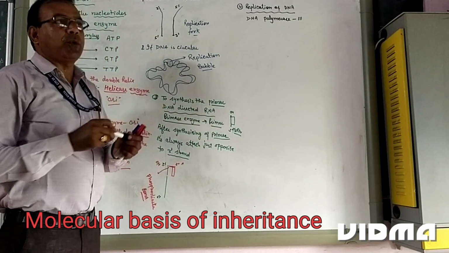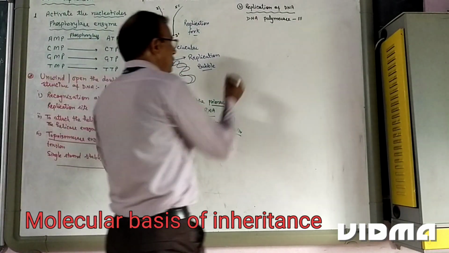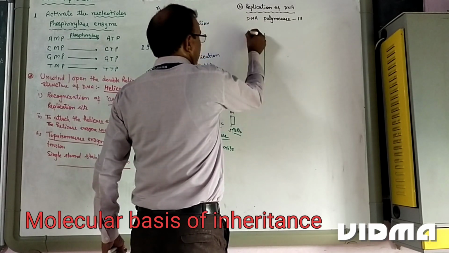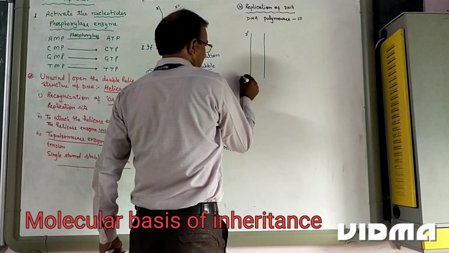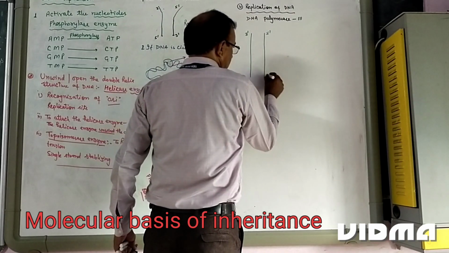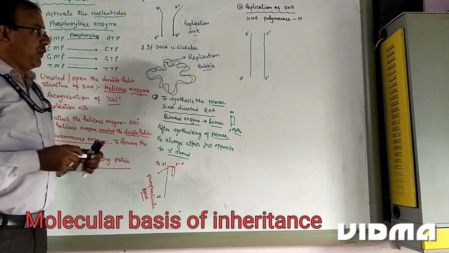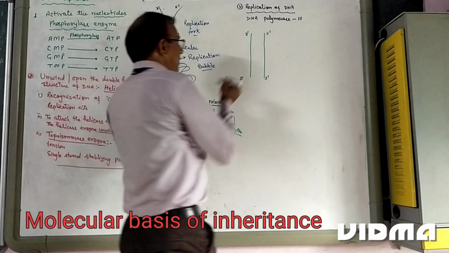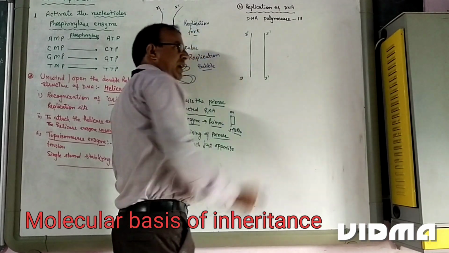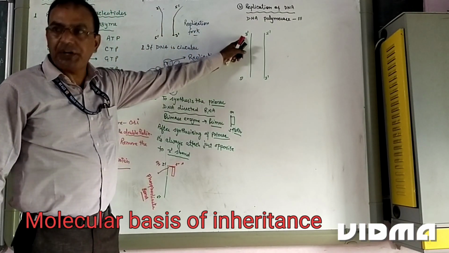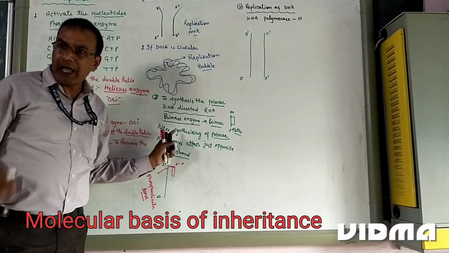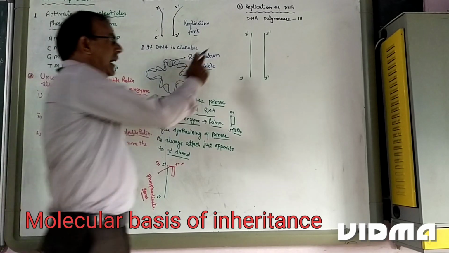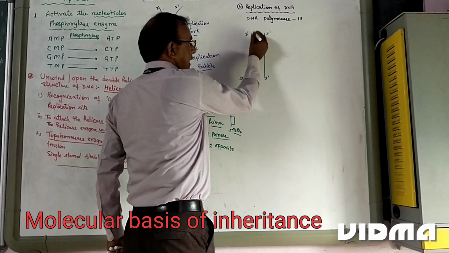How may the replication process be completed? Suppose this is the double stranded DNA. This contains 3' to 5' and 5' to 3'. First of all, we will recognize the ORI. We know that primer is always attached just opposite to the 3'. And what is primer? Primer is a DNA dependent RNA molecule. We will attach the RNA primer from here.